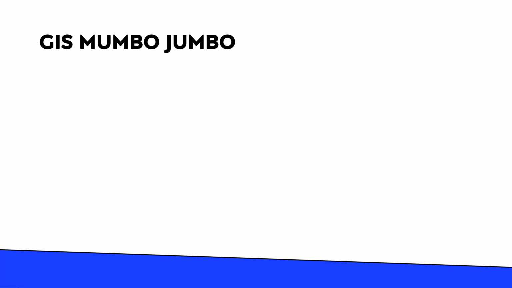So today we're talking about ArcGIS Pro. Here is the GIS mumbo jumbo that you might come across if you're working with GIS people, or coming across content online, training content, or help documentation on Esri, and you're like, what is that term? Let's go through it. So first thing, for those of you who don't know, AGOL is ArcGIS Online.